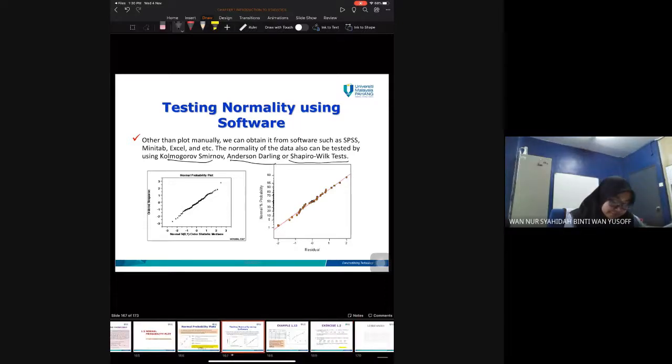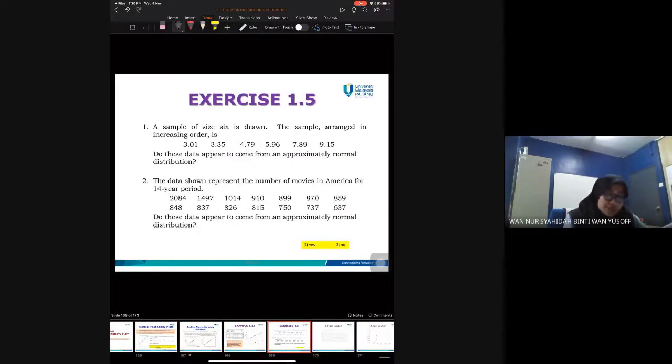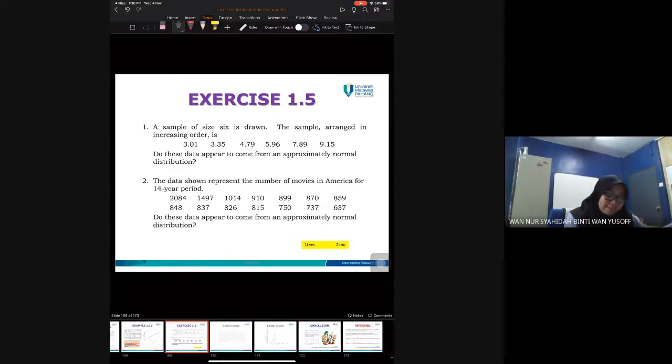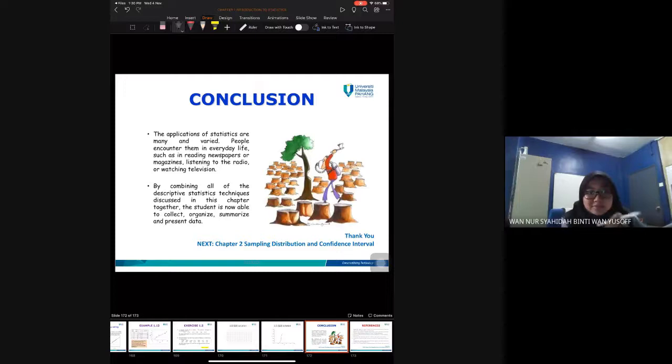So you can try this exercise in your Microsoft Excel, then you can see whether the data is normal or not. Any question for the normal probability plot? Okay, so that's all for chapter 1.